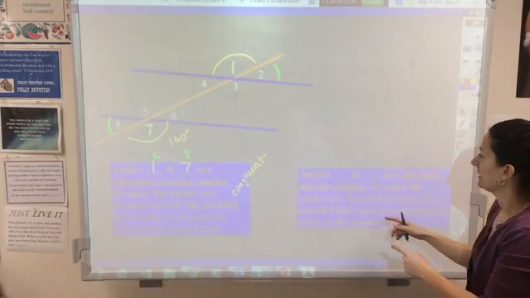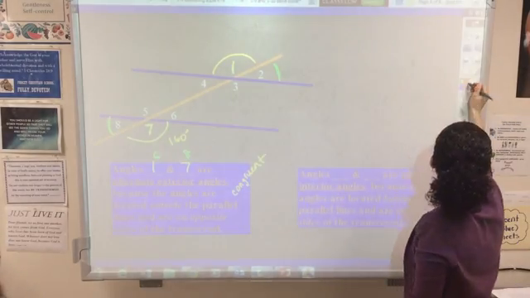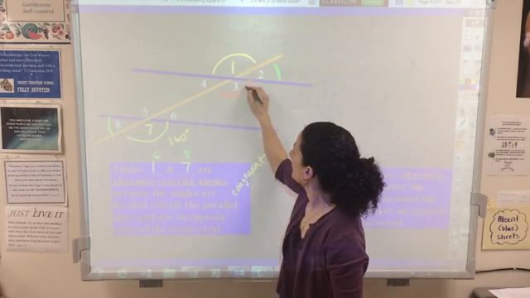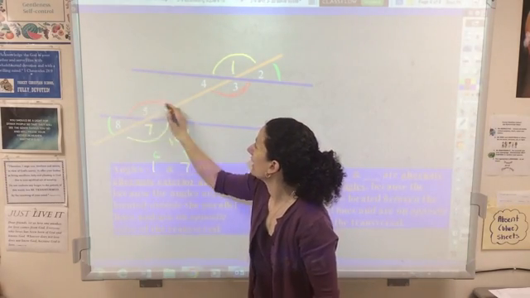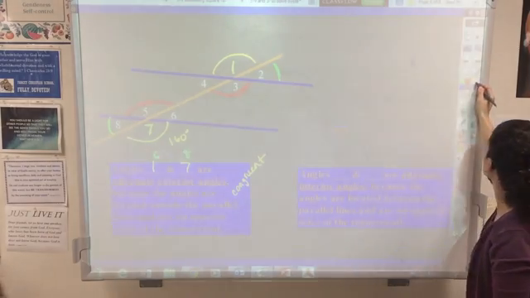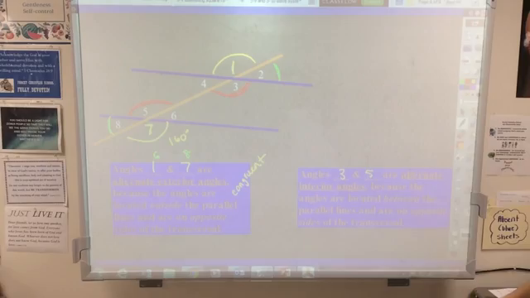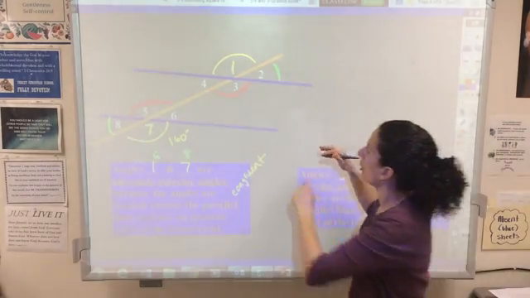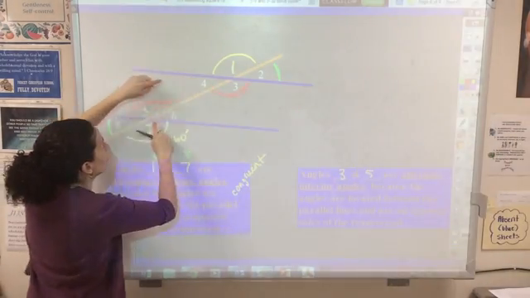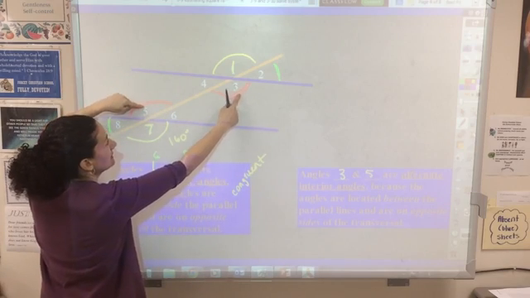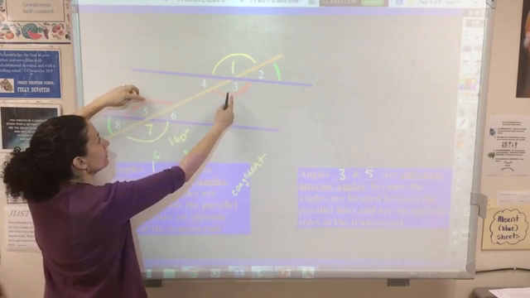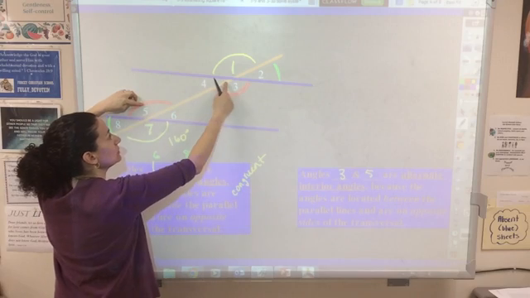We've got angle 3 and angle 5, called alternate interior angles because these angles are inside the parallel lines now. They're inside the parallel lines. Alternate means opposite, so they're on opposite sides of the transversal.